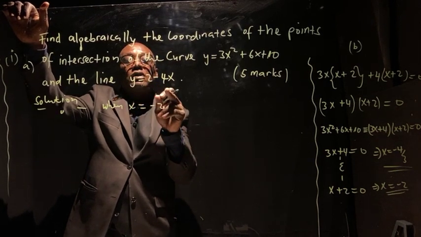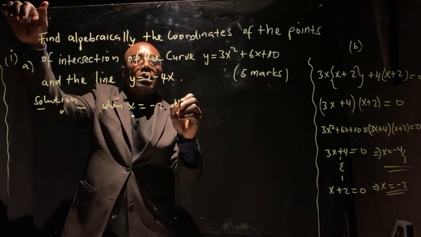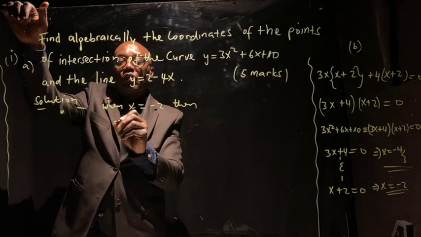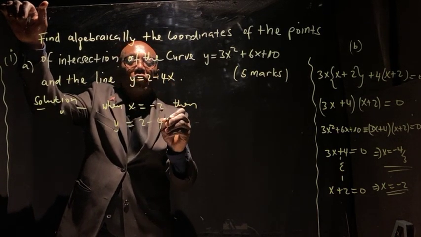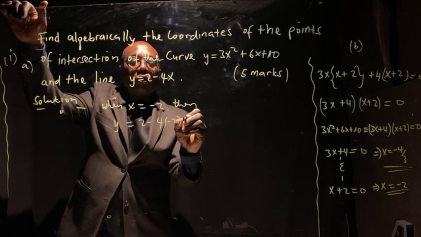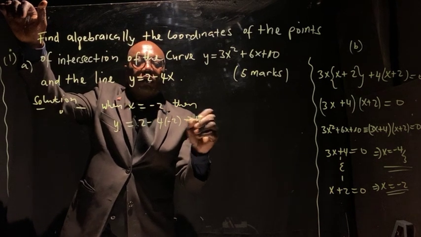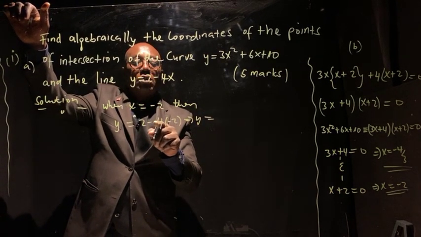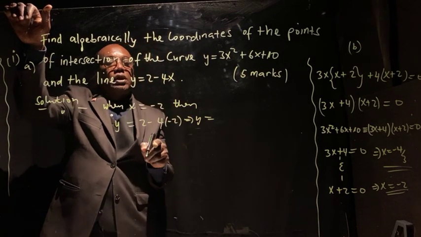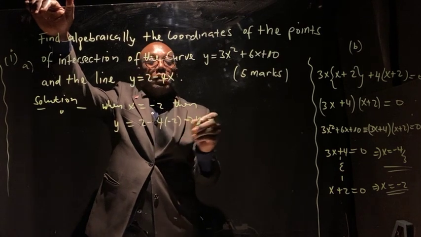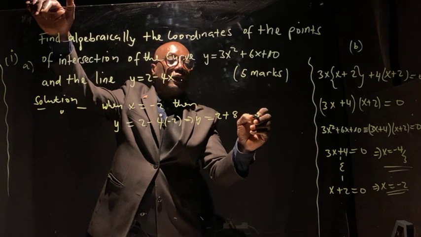y equals 2 minus 4x. When x equals minus 2, using this equation, y equals 2 minus 4 times minus 2, which is 2 plus 8, which equals 10.